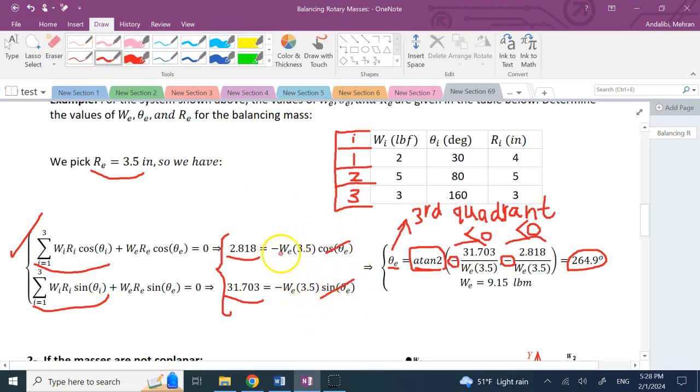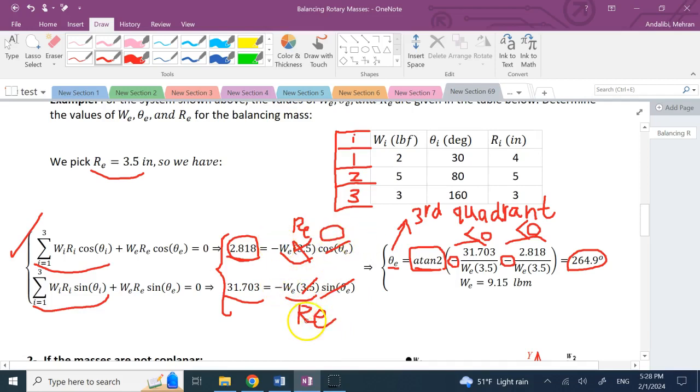So now I have WE times 3.5, or RE in general, times this number equals this, and WE times RE times the sine equals the other number.